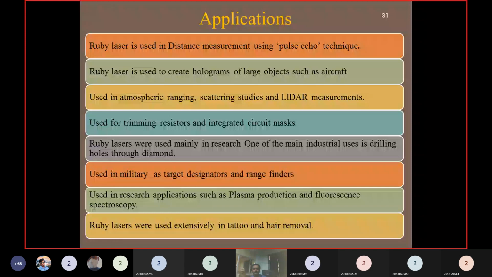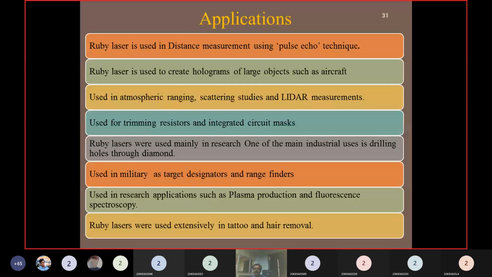And if you want to get fluorescence, we can use the ruby laser. And ruby lasers were used extensively in tattoo and hair removal. So for removing tattoos and unwanted hair, we can use ruby lasers. Okay, so this is about some applications of ruby laser.